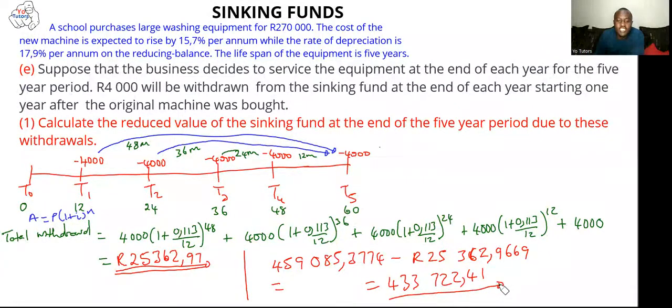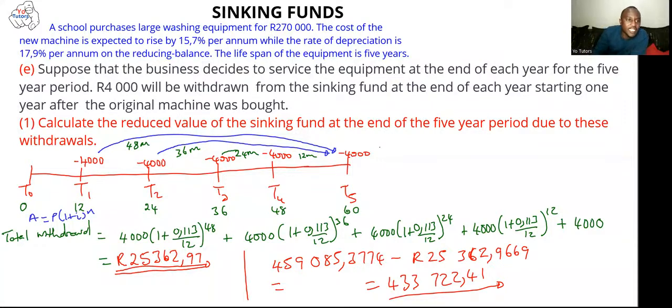Okay, so this is the reduced value of our sinking fund, because we actually took out 25,362 by withdrawing 4,000 every year. So withdrawing 4,000 every year reduced the sinking fund by 25,362.